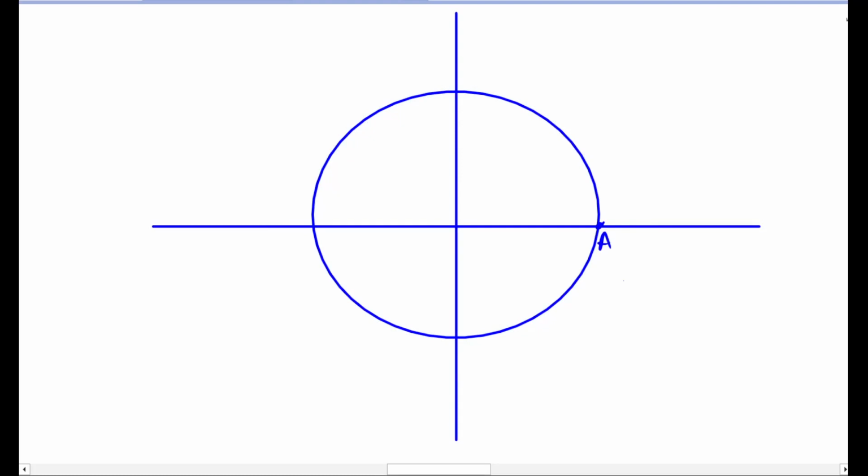This is A, this is B, this is C, and this is D. Now if we take any point P, our initial side is this OP. So when we measure a quadrant angle, we consider OP as an initial side.